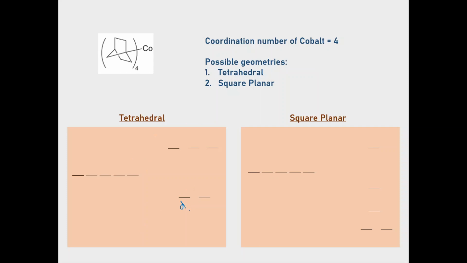Just wait. dz square, dx square minus y square, and here dxy, dyz, dxz. And here in square planar, what happens?